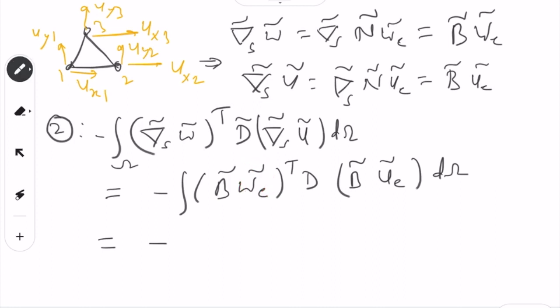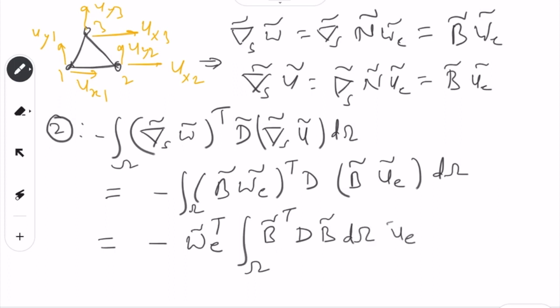So what we can write is minus W E tilde transpose, then integrate B tilde transpose D B, d omega, times U E, like this.